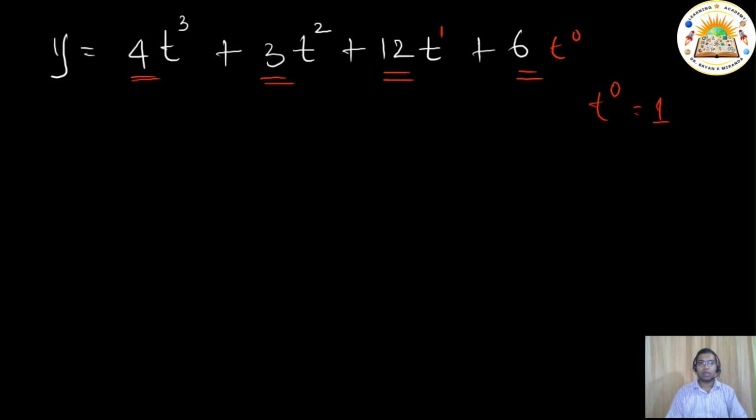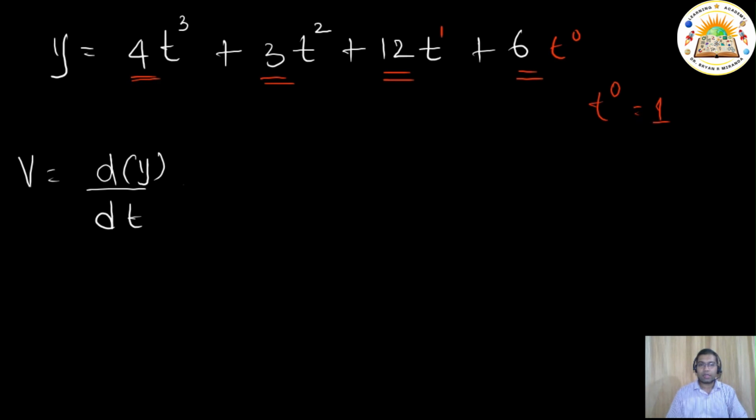Now, velocity is given as rate of change of displacement, that is dy by dt. How did we arrive at this d by dt? It is a general tendency for human beings to have work done in the shortest possible time.